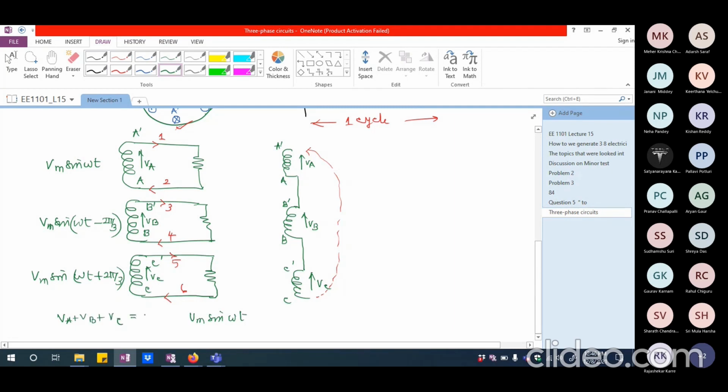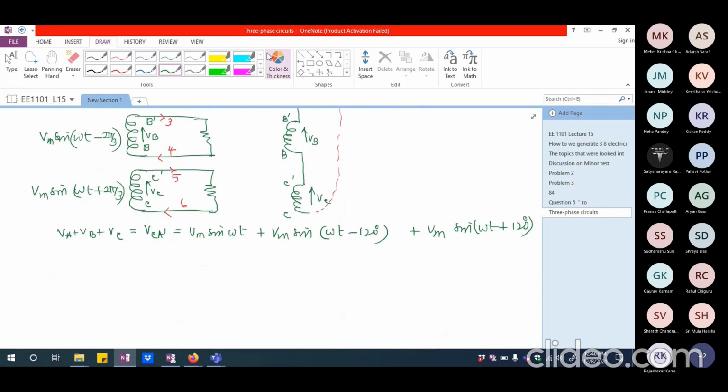That will be the voltage across C and A dash. So this will be Vm sine omega t plus Vm sine (omega t minus 120 degrees) plus Vm sine (omega t plus 120 degrees). This is what I'll get as the overall voltage.